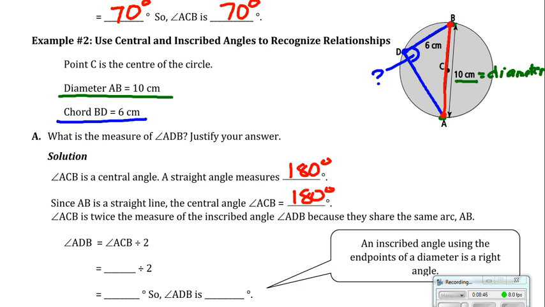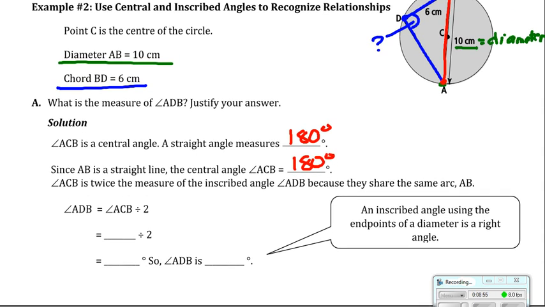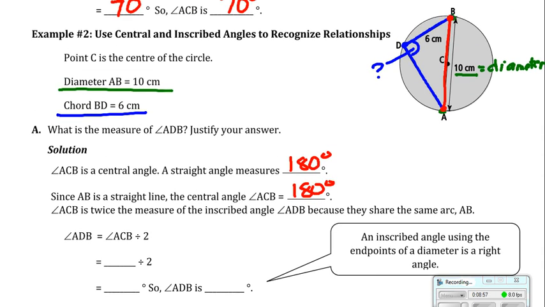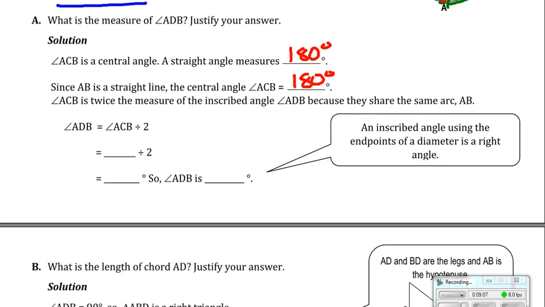Keeping in mind that the central angle is twice the inscribed angle, we're going to divide this in half to get the inscribed angle because they have the same arc. Technically, they both start at A and end at B, so they have the same endpoints. So we're going to take 180 degrees and divide it by 2, and we get 90 degrees. So angle ADB is 90 degrees.